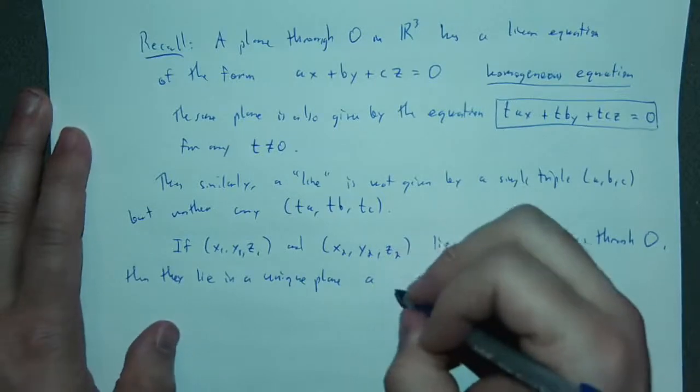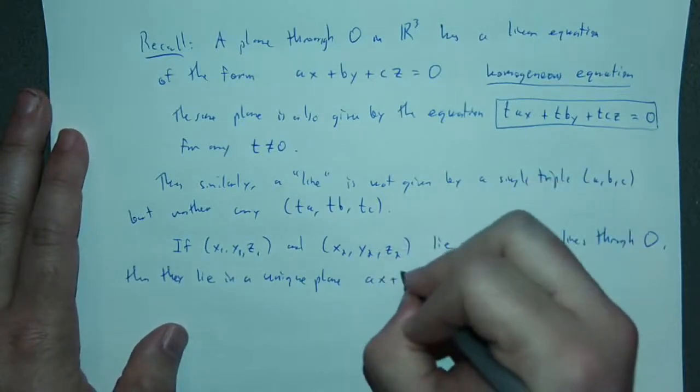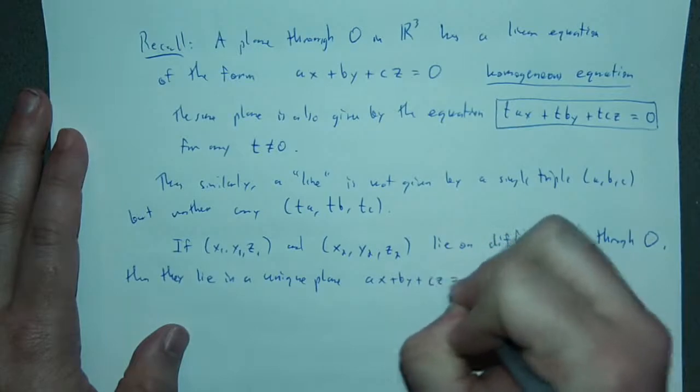So they lie on a unique plane, say ax plus by plus cz is equal to 0.